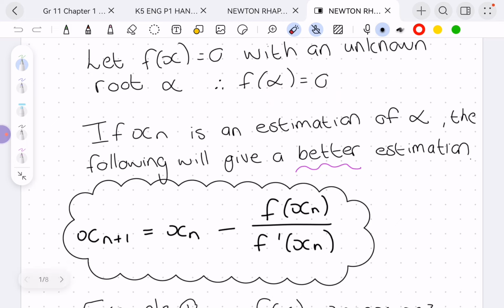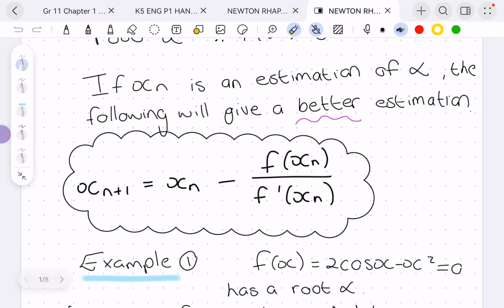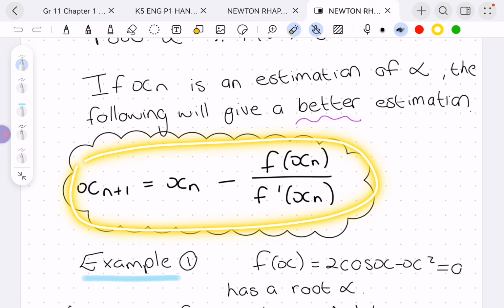Then they say, if xn is our first estimation, then the following will give me an even better estimation. So ons het gekies x gelyk aan 1 as ons eerste benadering. Maar Newton sê, as ek hierdie metode gebruik, gaan ek selfs 'n beter benaderde antwoord kry.